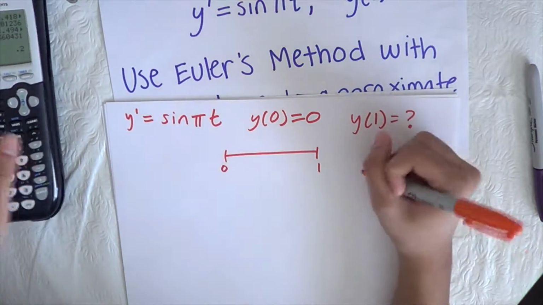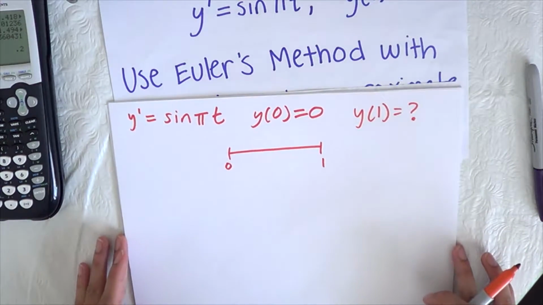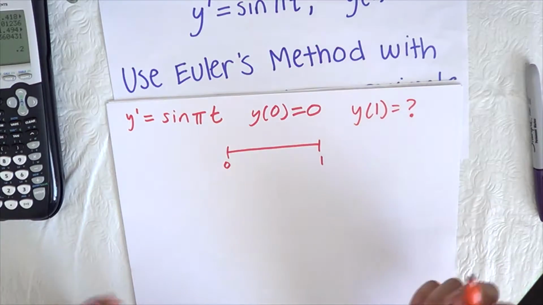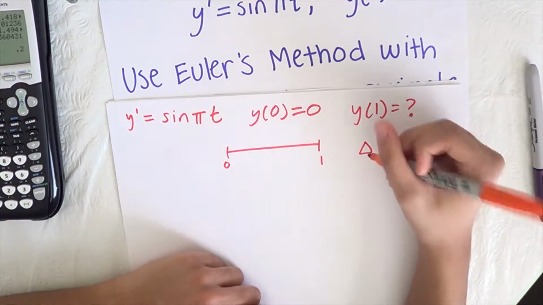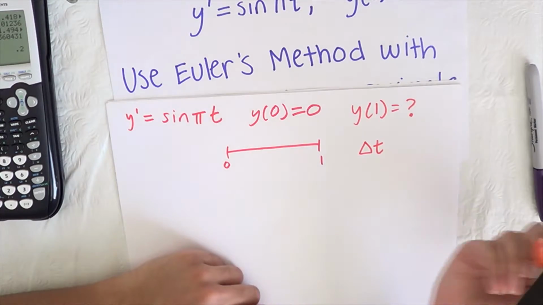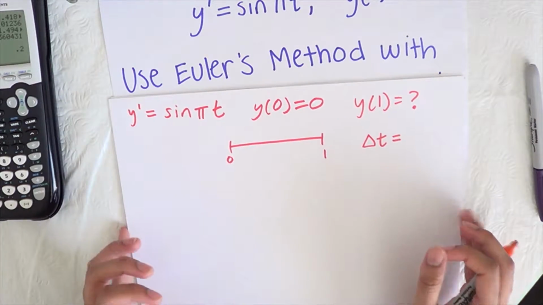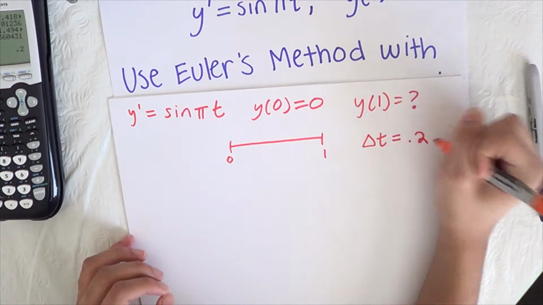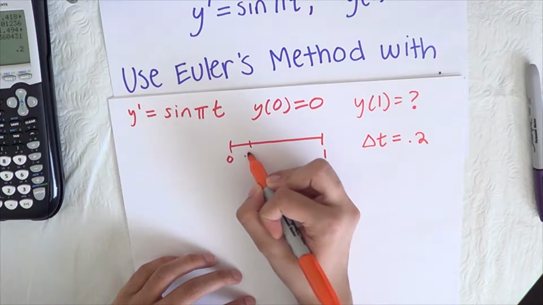So our interval will be 0.2, and remember from my last videos, our interval is represented by delta t or delta x, whatever case is in the problem. So here we have delta t equals 0.2 because 5 intervals from 0 to 1 is 0.2 each.